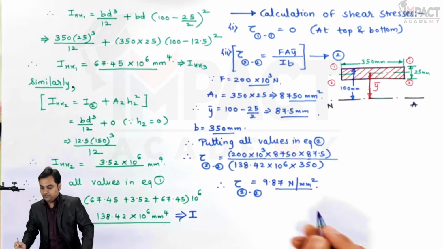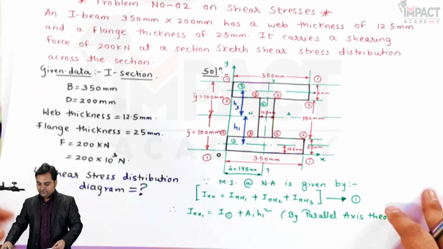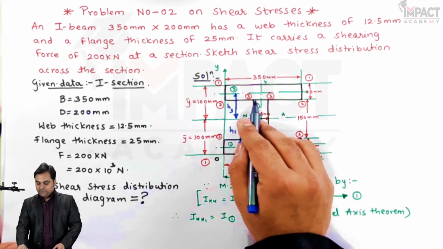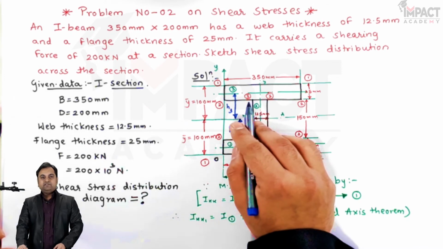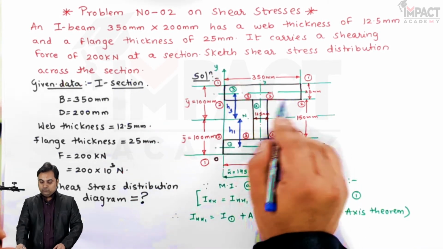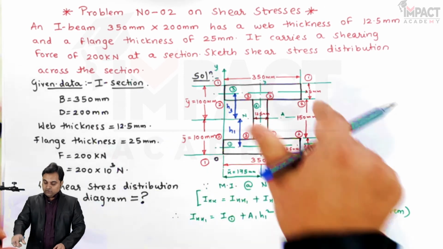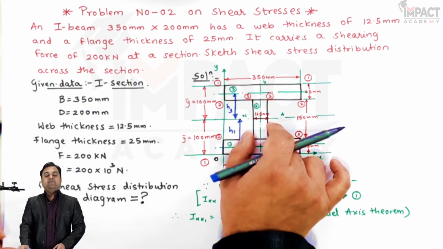So this is the value of shear stress at the second layer of width 350 mm. Next I would be calculating the shear stress at this third layer, and when I see this layer 3, it is at the same depth as layer 2, and here the width suddenly changes from 350 mm, it becomes 12.5 mm.